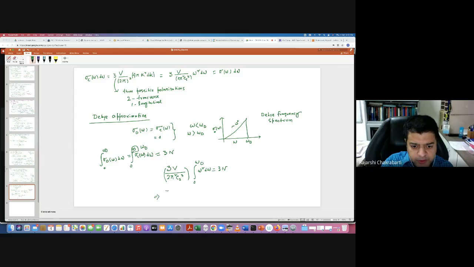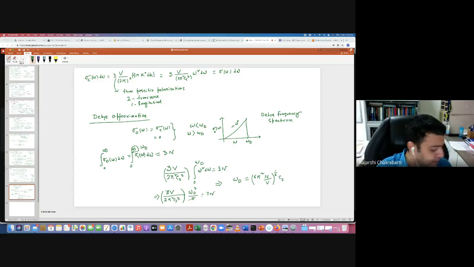So this gives you 3v, and the integral gives omega cube by 3. Now I can always calculate omega d from here. What is omega d? It will be 6 pi square n by v whole to the power 1/3, into cs.